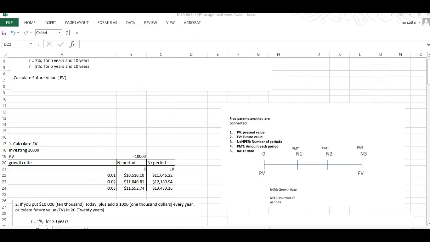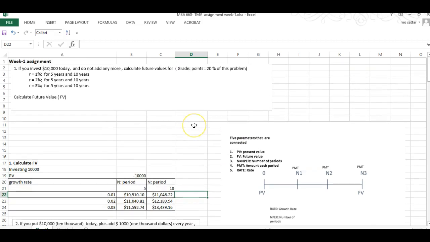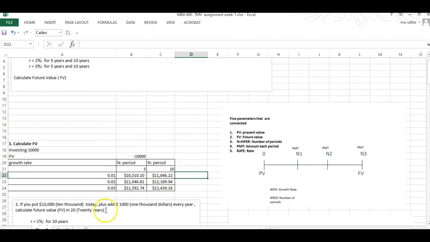The thing that you want to get comfortable with is that there are a few parameters, 5 to be exact, that are in the time value of money.